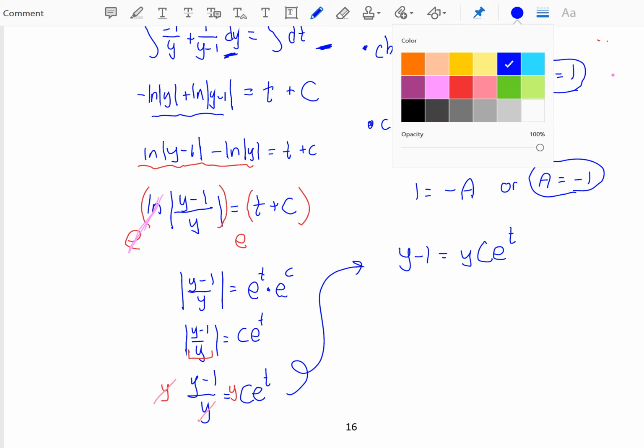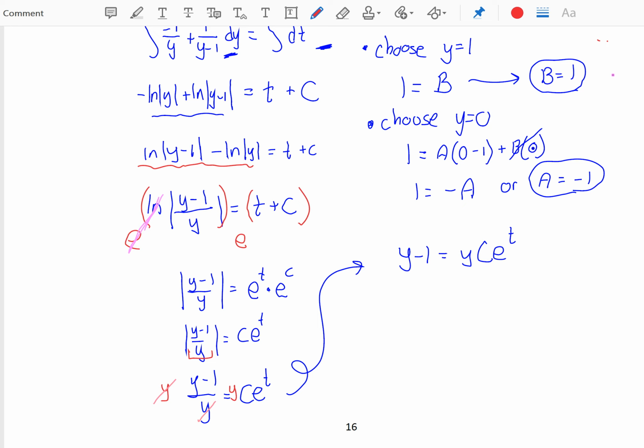Now, we'd like to solve for y, so let's get all the y's on the same side of the equation. You could bring them to either side, but my choice is I'm going to bring this term to the left-hand side to get all the y's on the left, and then this minus 1 I'll bring to the right-hand side. This allows me to write this as y minus y c e to the t equals positive 1.